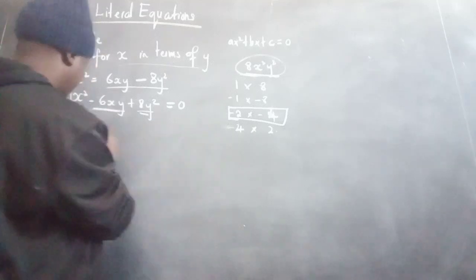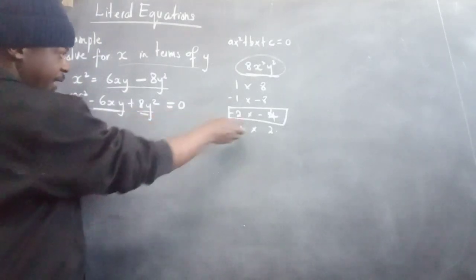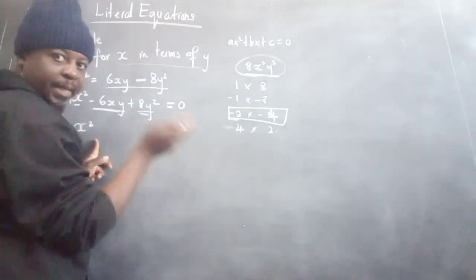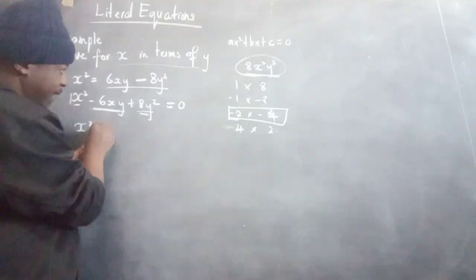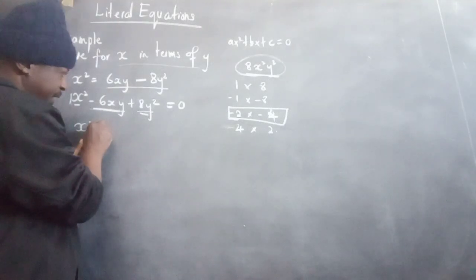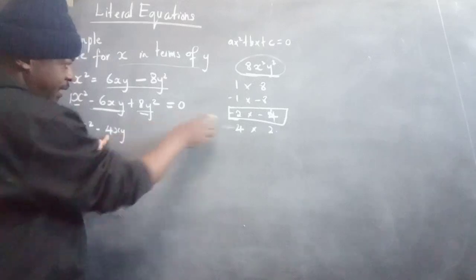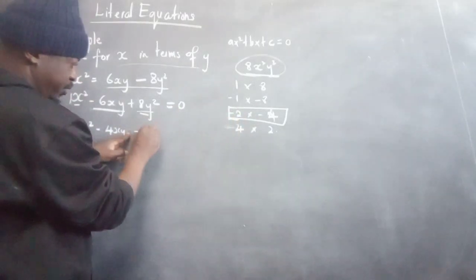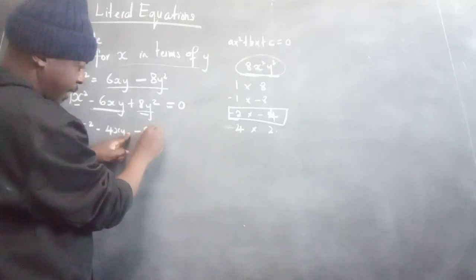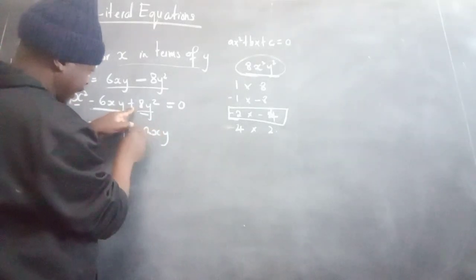So I'm going to take those factors and bring them here. I can start by writing whichever factor I want to start with. I can start with 4, which is negative 4xy, and I also bring a negative 2xy, plus 8y squared is equal to 0.